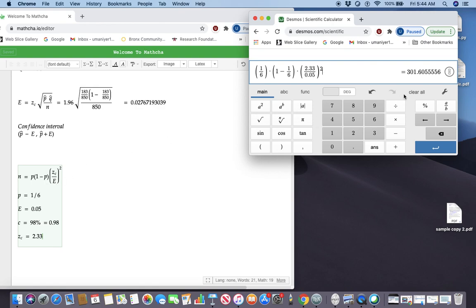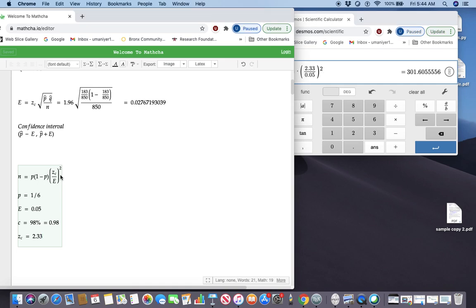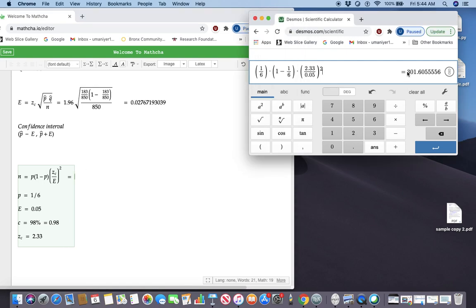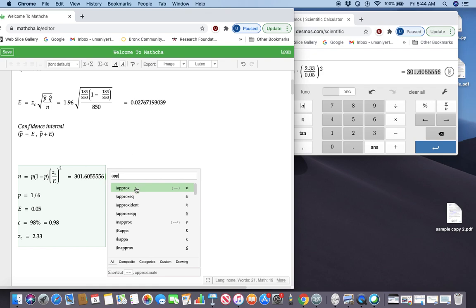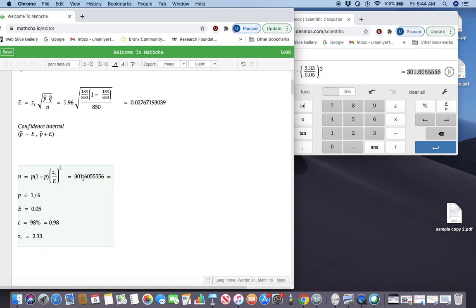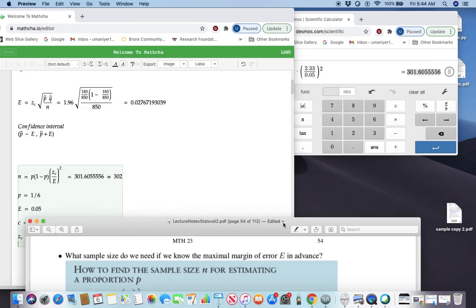That is n with a decimal. So you get a decimal, so you're going to increase it to the next whole number. So that is 302.